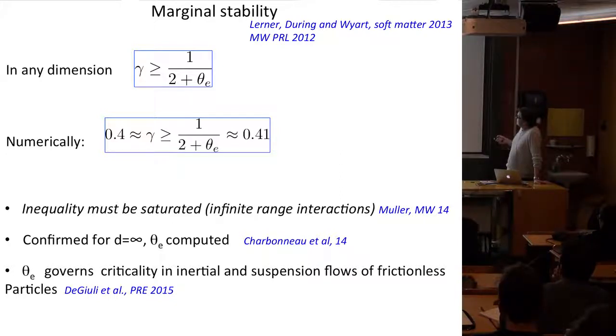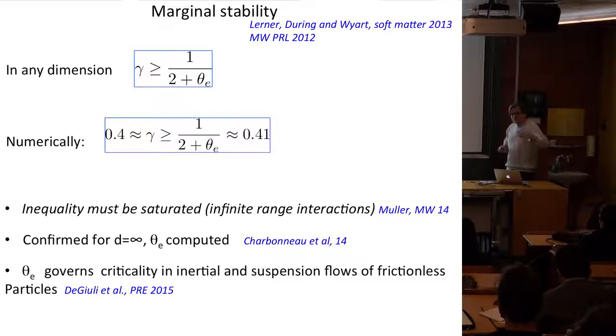Now you can check numerically, and that's what Edan Lerner did. You can check what is the value of gamma and what is the value of theta e. And what you find is that this inequality in packings appears to be saturated. So once again, there is a pseudo gap in the force distribution.